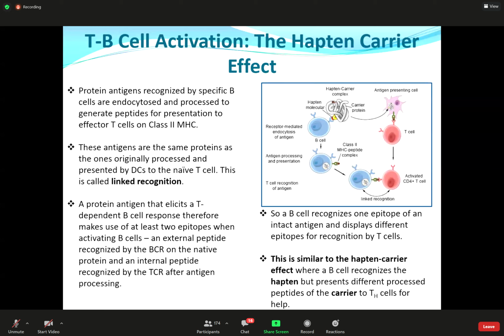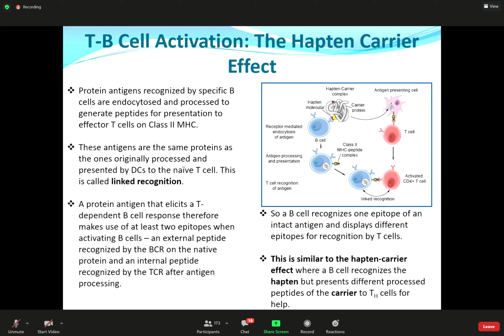So remember, what is a hapten? If you ask what is a hapten, then you need to consider what it means to be antigenic versus immunogenic.